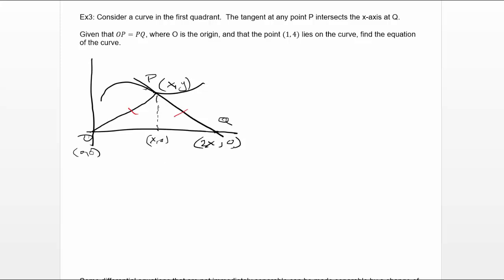That's fine, but we still don't have a differential equation out of this. I do know that the derivative of this original curve that I started with is the slope of the tangent line. And what do you know, I have a tangent line drawn in.